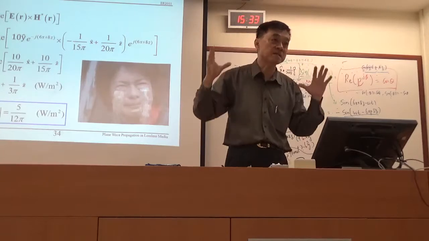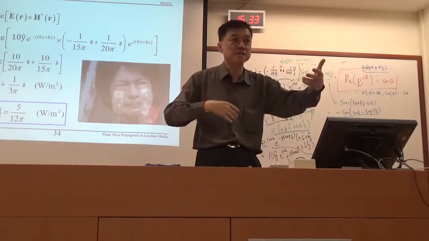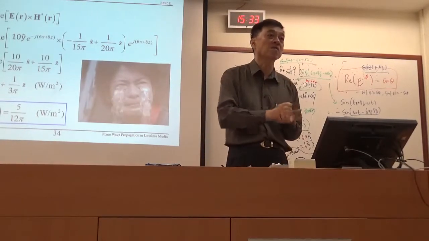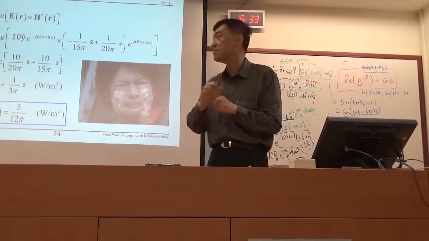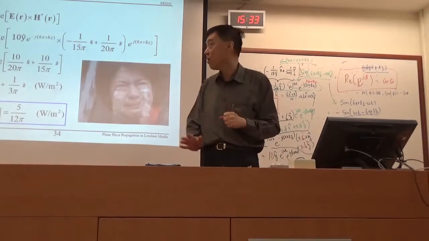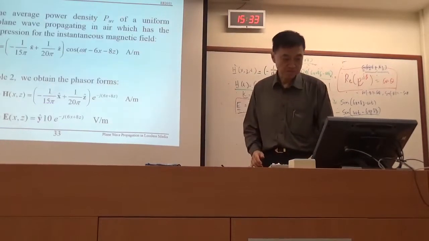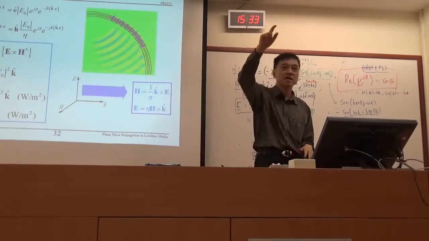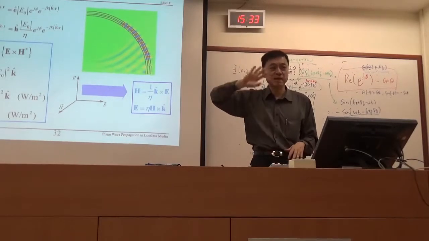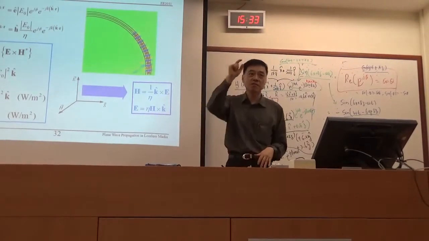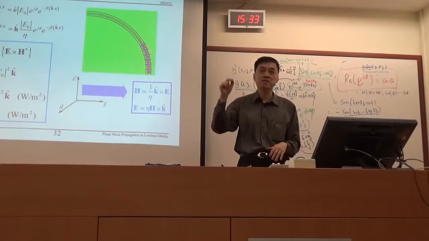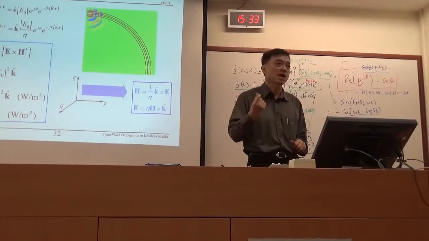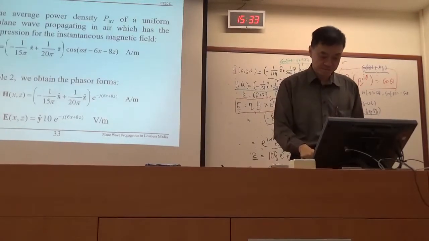But in a lossy material, there will be displacement current and conduction current. So your epsilon must take into account the conductivity of the material, and everything else is the same. All the equations will be the same, and k equals omega root mu epsilon will be the same. Everything is the same, except that now your epsilon is replaced by a so-called epsilon c, taking into account the lossy material.